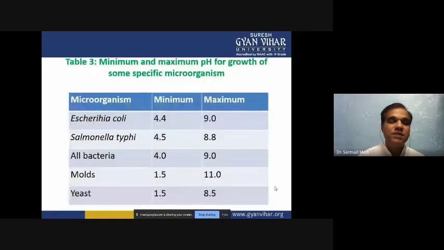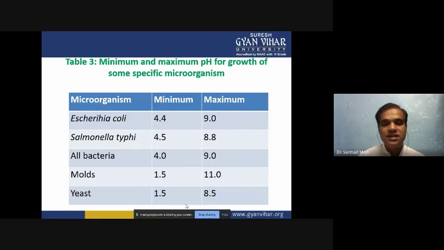Now the minimum and maximum pH for growth of some specific microorganisms. E. coli requires a minimum pH of 4.4 and a maximum of 9, so between 4.4 and 9, E. coli can grow. Salmonella typhi can grow at 4.5 to 8.8. Mostly all bacteria can grow between pH 4 and 9. Molds can grow at pH 1.5 to 11.